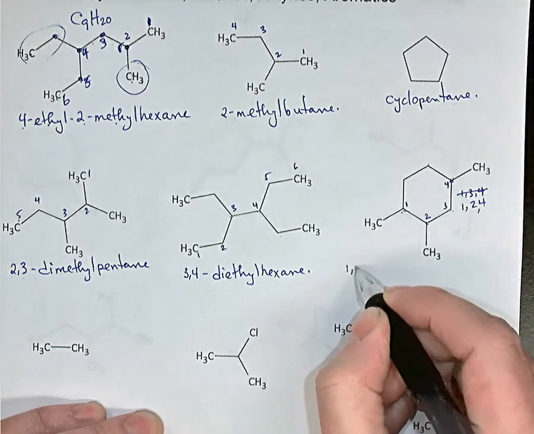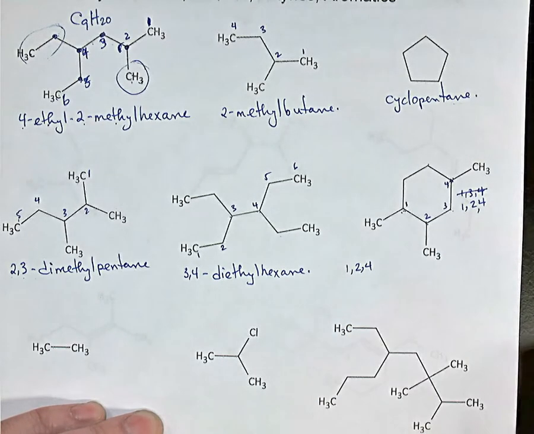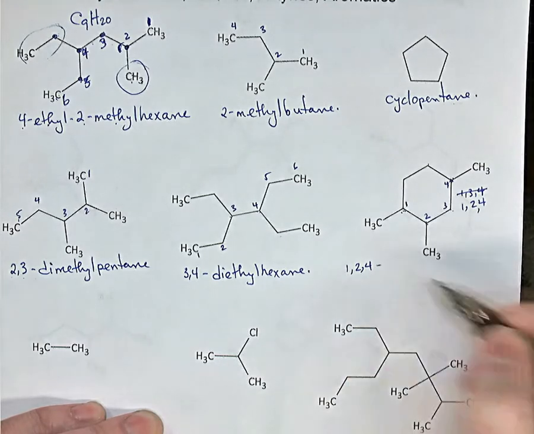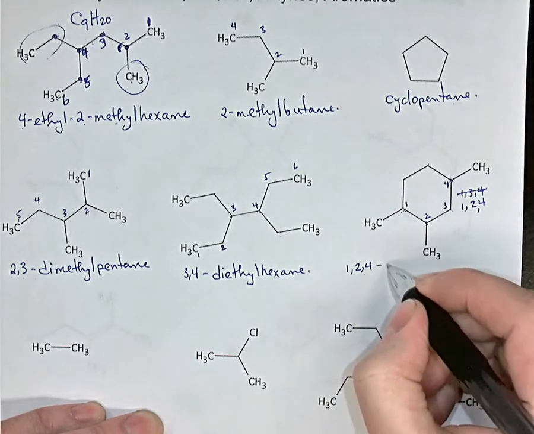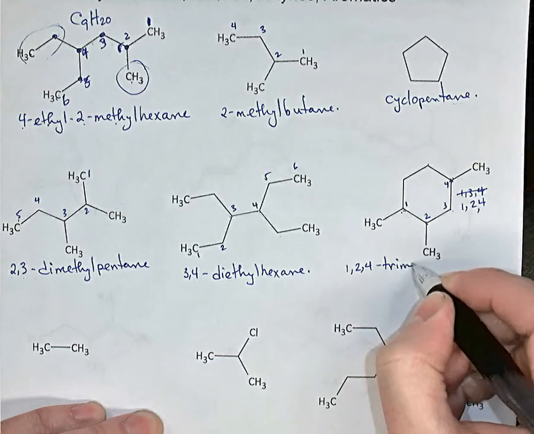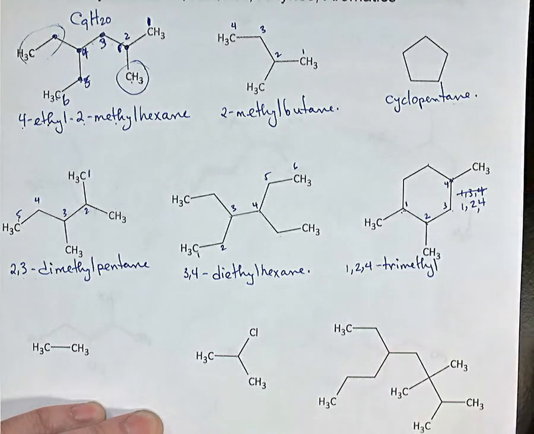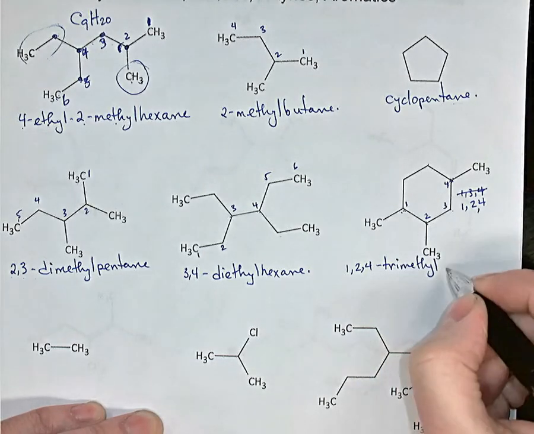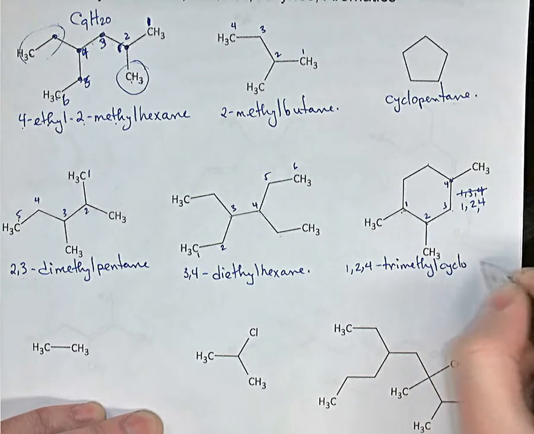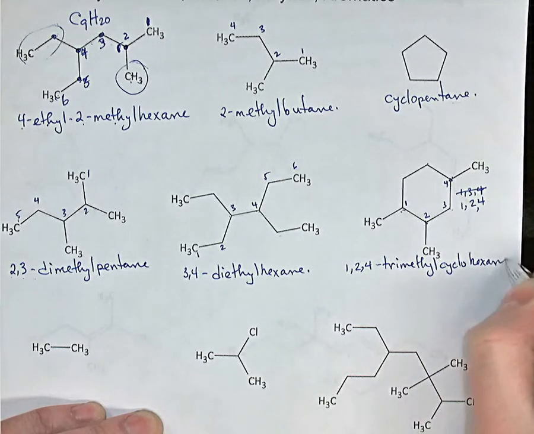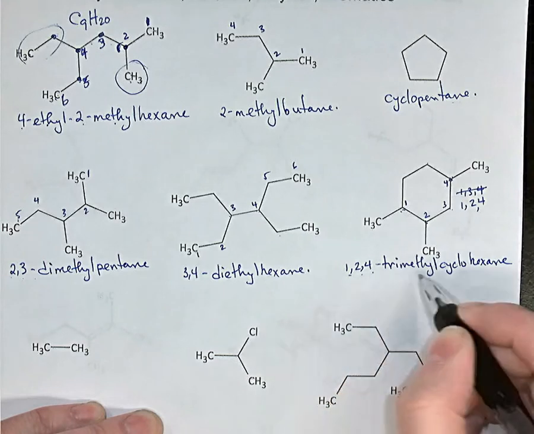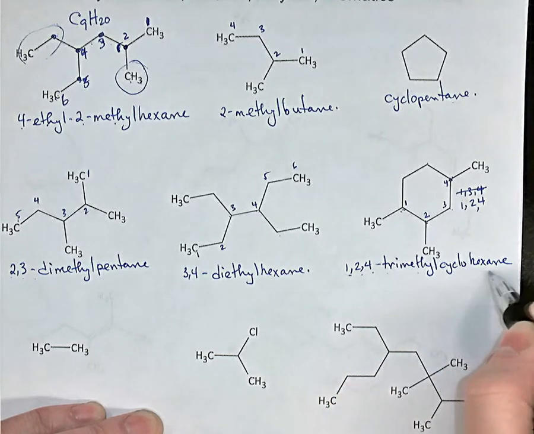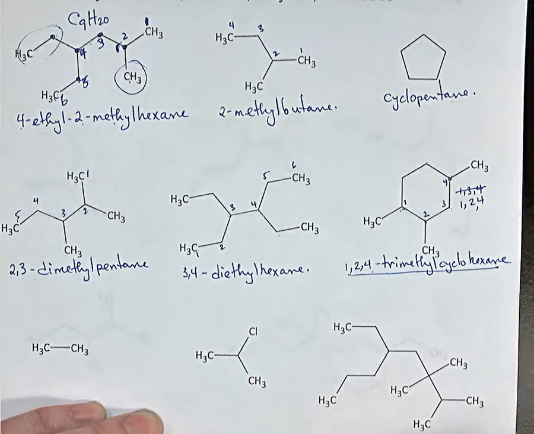So 1, 2, 4. There's 3 methyl branches, so the prefix will be trimethyl. And then 6 carbons in a ring, cyclohexane. So 1, 2, 4, trimethylcyclohexane is the name of that molecule.